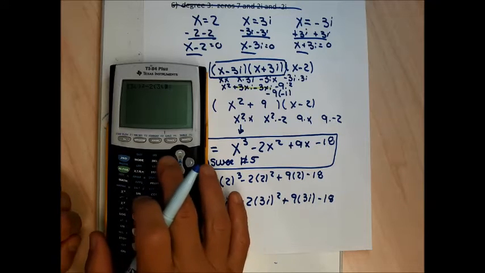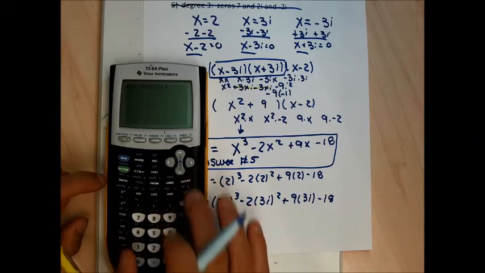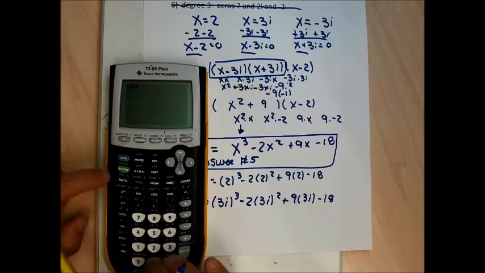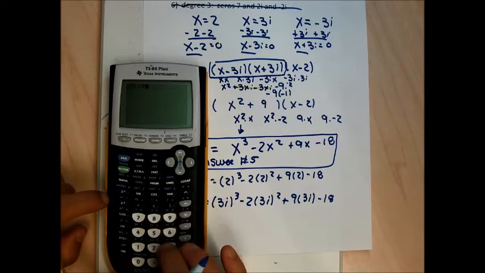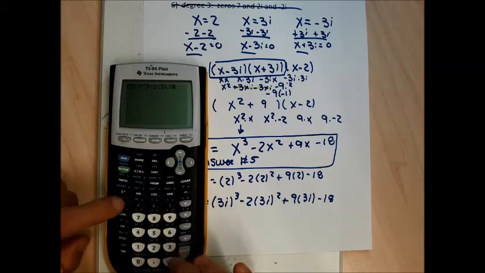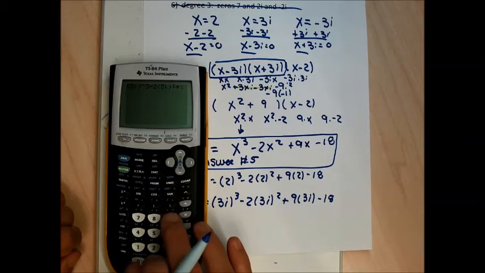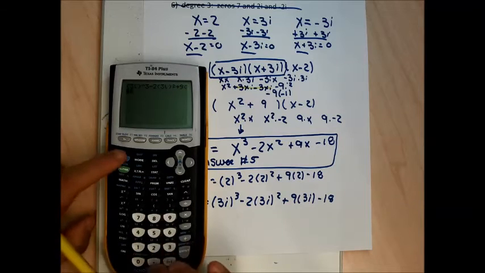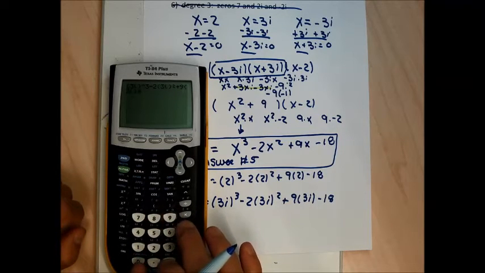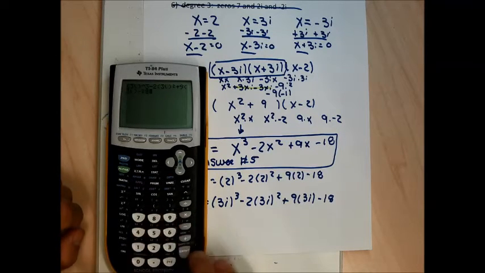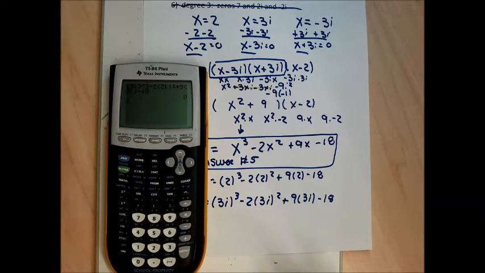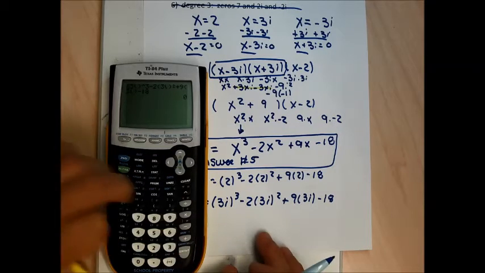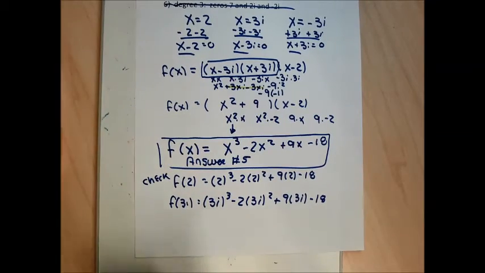Whoops, it was 3i cubed. Let me just do this again. Parentheses 3, second i, up arrow, cubed, minus 2, parentheses 3, second i, squared, plus 9, parentheses 3, second i, minus 18, and when I hit enter it has to be 0, otherwise I've made a mistake. And you could do the same thing for negative 3i as well.